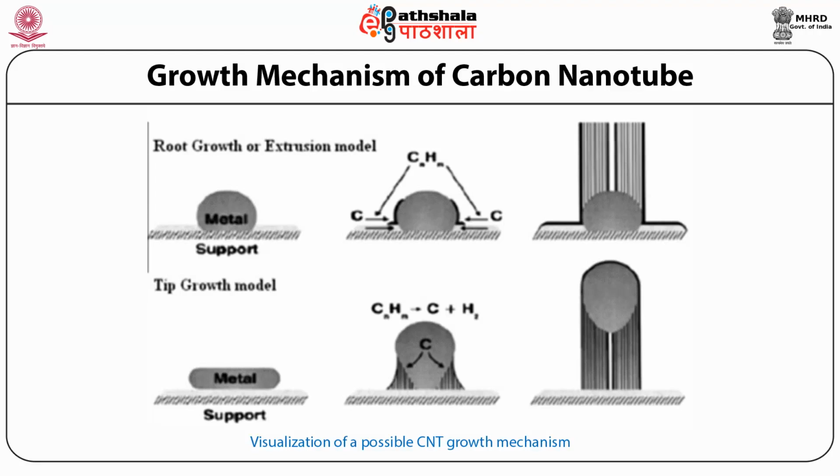Once some carbon is dissolved in the matrix and it cools down, this carbon comes out at room temperature in the form of a tube because it is energetically favored. There are two possibilities: the catalyst sits on the substrate, or the catalyst comes up on top. Growth is possible in both. So there are two mechanisms by which one can understand how nanotubes can grow.